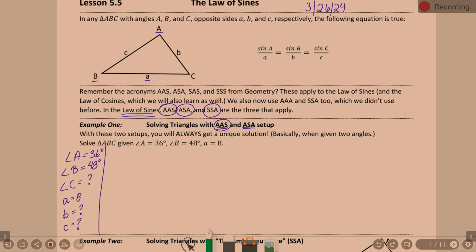So the idea that angle A plus angle B plus angle C adds up to be 180 degrees. So we know in our situation, 36 degrees plus 48 degrees plus angle C is equal to 180 degrees. You guys do the math and tell me what angle C is.